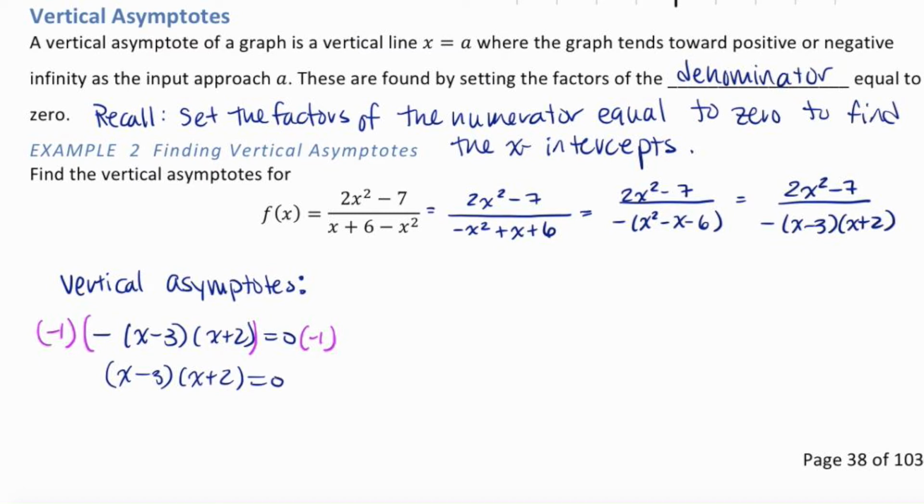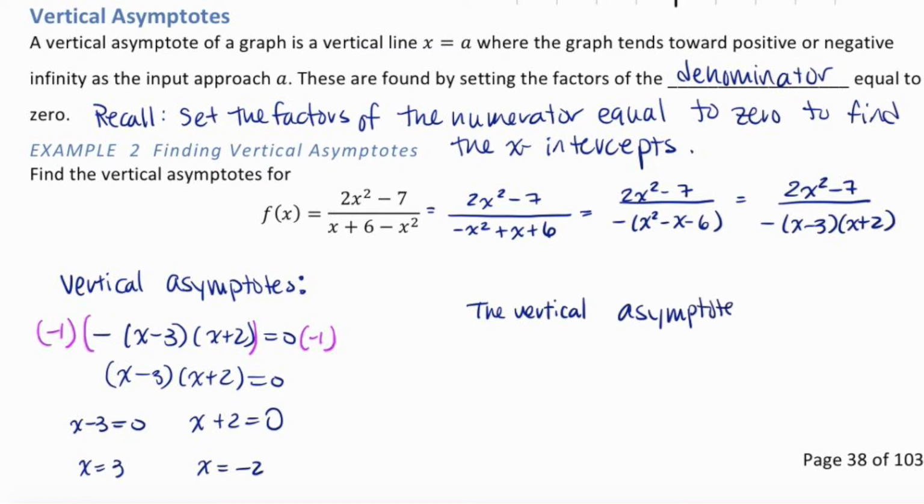This corresponds with x minus 3 equals 0 and x plus 2 equals 0. So we have x equals 3 and x equals -2. The vertical asymptotes are located at x equals 3 and x equals -2.